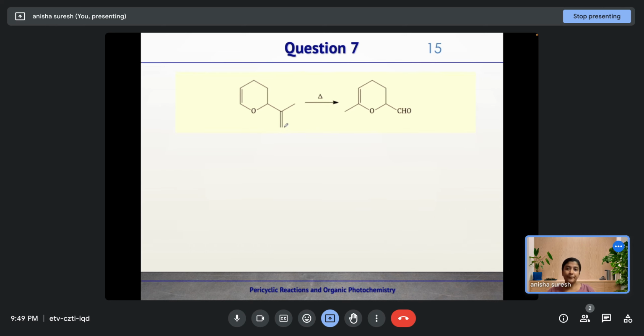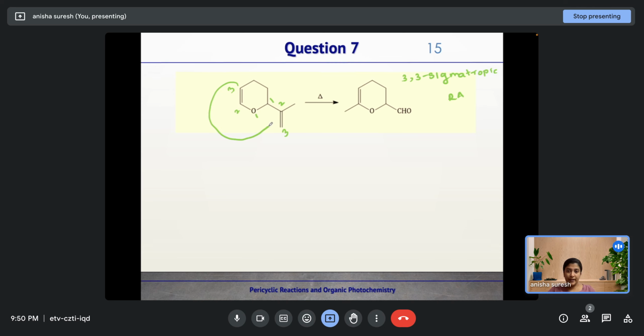So we can see, we can number it like 3, 2, 1, 3, 2, 1. Okay, so a 3,3 sigmatropic rearrangement is taking place over here.